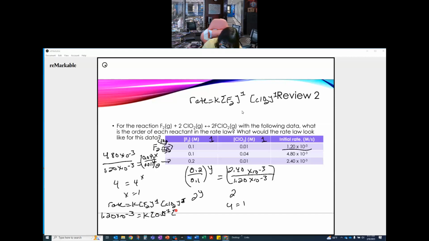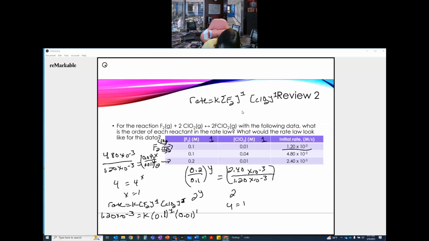times ClO2, and actually, hold on, sorry. That's 0.1 to the first times 0.01 to the first.